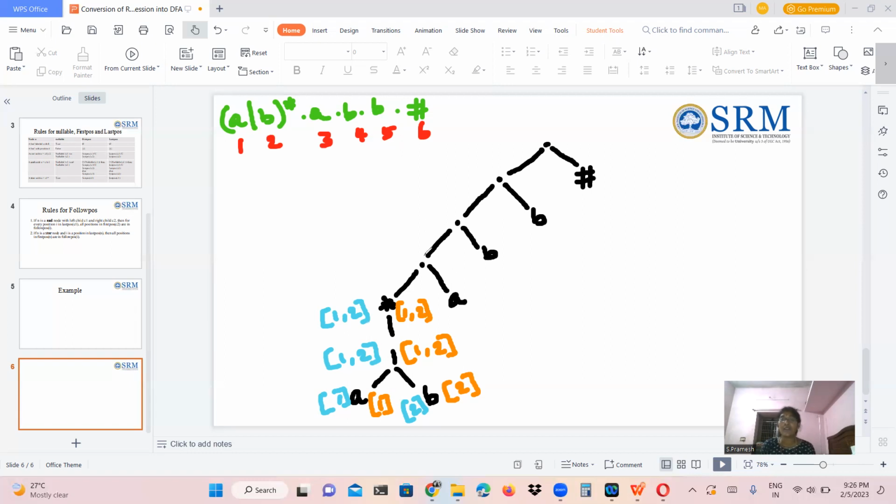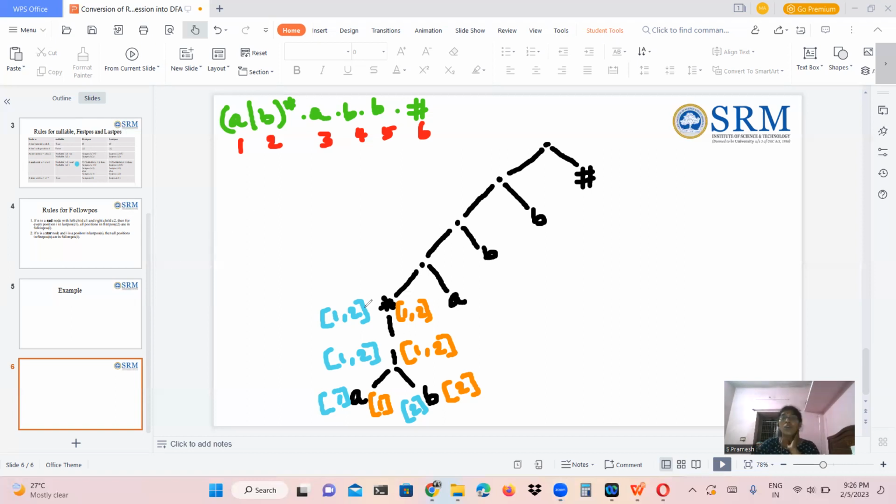And for next, we have a concatenation. Concatenation alone, we have to check the nullable. For the calculation of first position, you have to check whether the left child is nullable. If it is nullable, the rule is you have to take the union of the first position of left child and the first position of right child. For example, here only we have a rule, right?